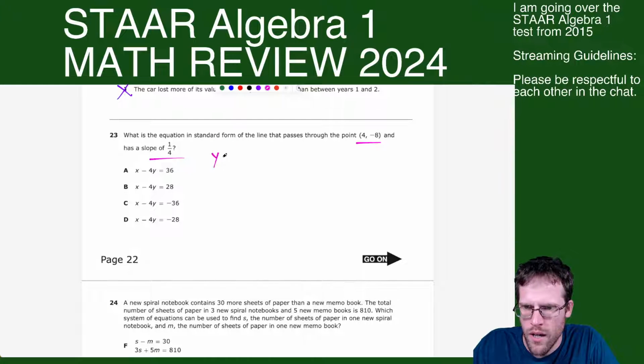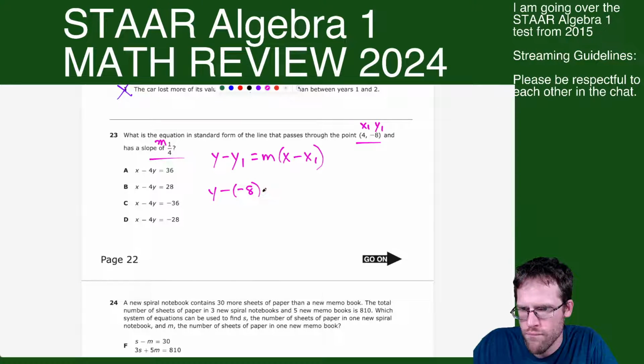So let's see, y minus y1 equals m times x minus x1. So that is our point slope form equation. This is the point x1, y1, and this is the slope m. So we just plug in y minus -8 equals the slope times x minus x1.